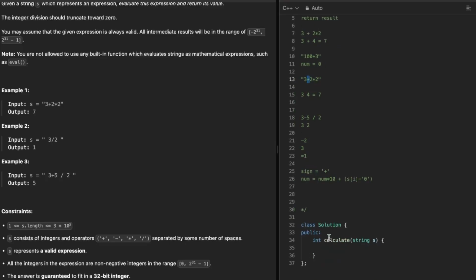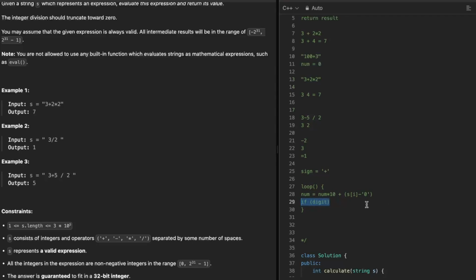So I can have a variable sign initialized as plus, and I will iterate through the loop. This would be my loop statement, and if s of i is a digit, then this expression would be executed.